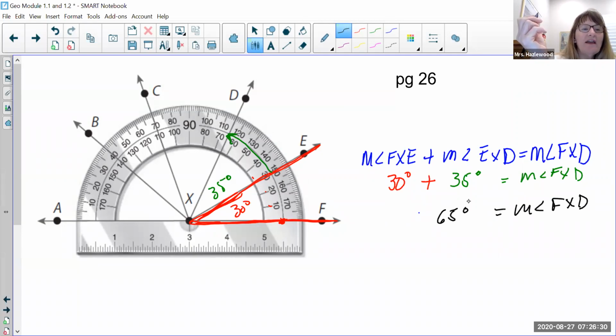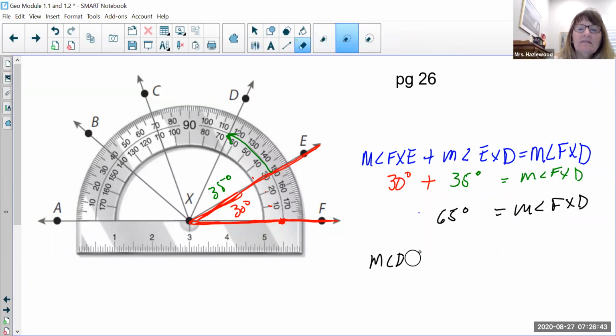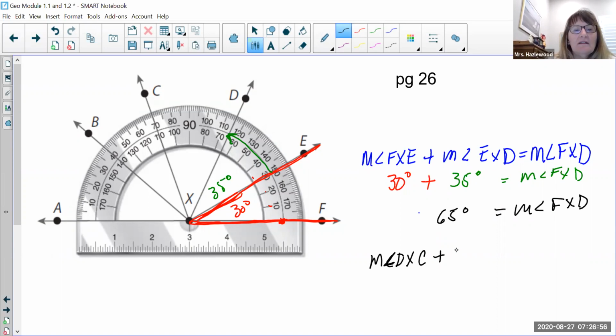Okay, so I want you to find the measure of angle DXC plus the measure of angle FXD is equal to the measure of angle, oh, you know what, I need to make that one a little bigger.